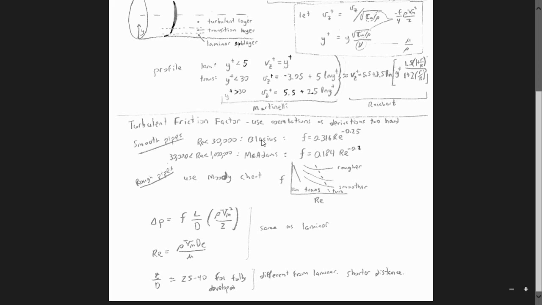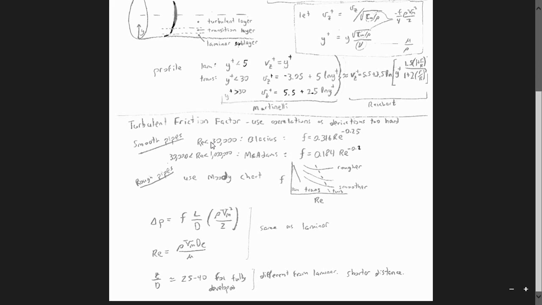So if our Reynolds number is sufficiently small, being less than 30,000, then we can use this Blasius definition for the friction factor. But if our Reynolds number is fairly large, between 30,000 and a million, then we want to use the McAdams correlation for the friction factor, which has a different coefficient and a different power on the Reynolds number.